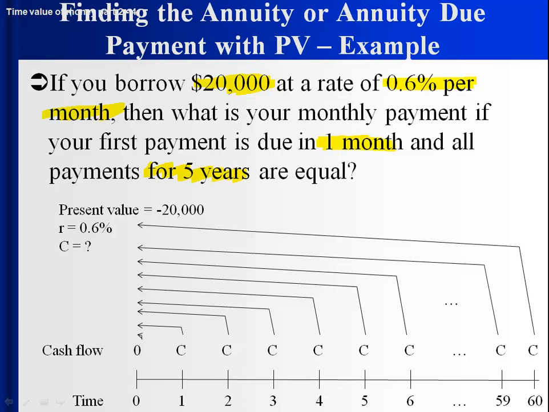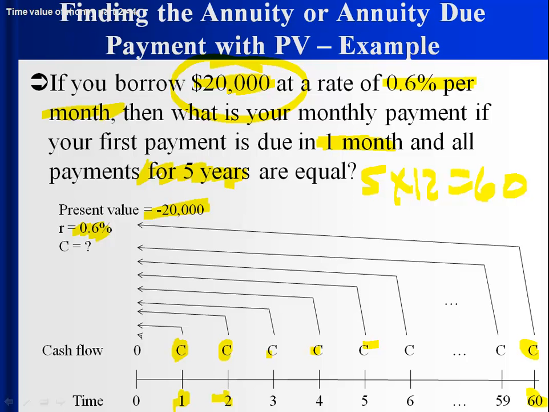So we know we're making equal payments for 5 years, and they're monthly, so there are going to be 60 payments, and the first one starts in 1 month. So first in 1, second in 2, all the way out to the 60th in 60. We know the interest rate is 0.6%, and the present value of all these payments is negative 20,000 because we're borrowing 20,000, so what we pay back has to have the same present value as what we get.